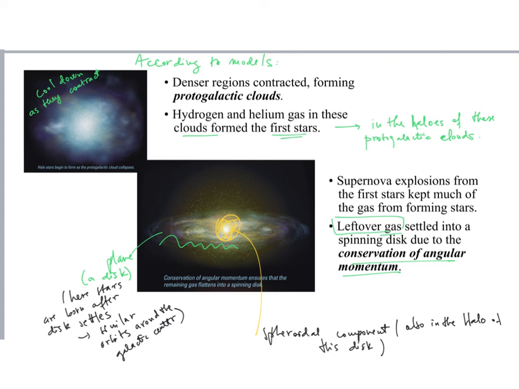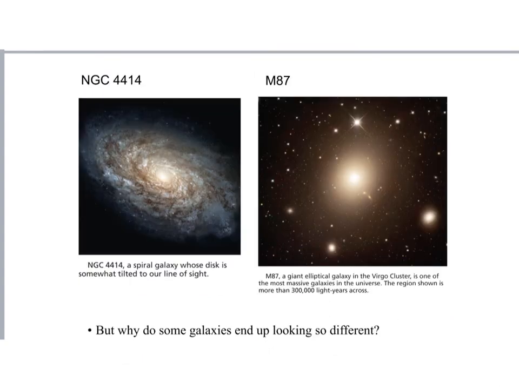All right, so if this is what we think about how galaxies are put together, then why do some galaxies end up looking so different, right? Like, for example, there are galaxies like M87, which is a giant elliptical galaxy.